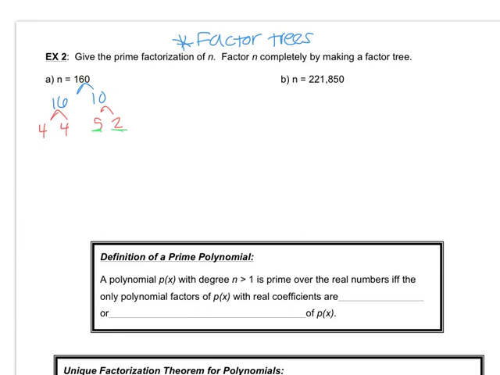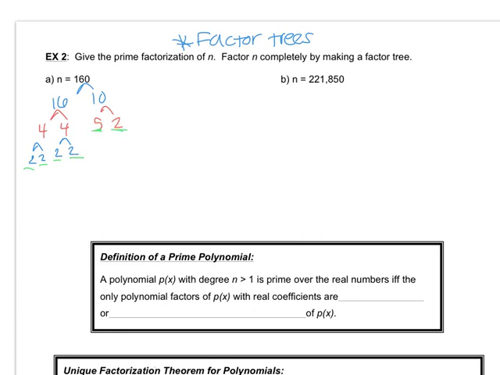But 4 and 4 can still be broken down. So 4 can be broken down into 2 times 2, and this 4 can be broken down into 2 times 2. So once you get to that bottom level where every number is broken down into the smallest prime factors, you've broken down the number 160 as 2 times 2 times 2 times 2 times 5 times 2.